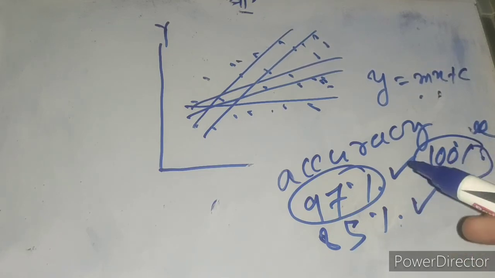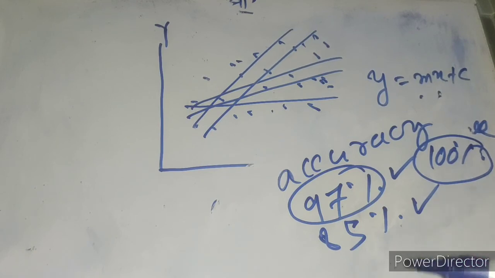97 is okay, 98 is also okay, but if we are getting a value less than 60% or 70%, even without implementing data science or machine learning algorithms we can get 60% or 70% accuracy.